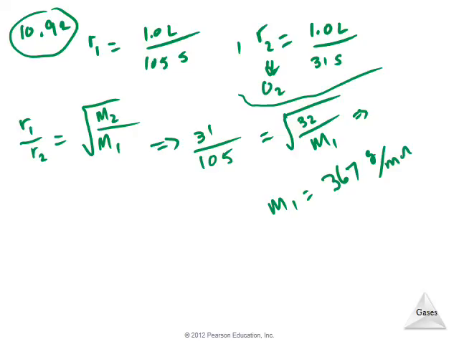Calculate the molar mass of the unknown gas. So for the molar mass of the unknown, we considered R1 to be the unknown. So this one is unknown. We already got the molar mass for the unknown gas.